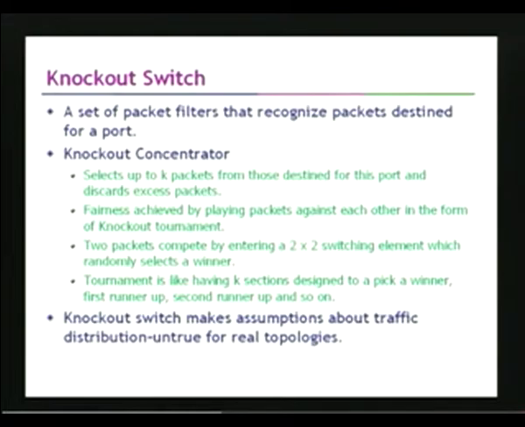So, there were 8 packets destined to this port, and you need to select only 4 packets and discard 4 packets. The fairness is achieved by playing the packets against each other in the form of a knockout tournament. 2 packets compete by entering a 2 by 2 switching element which randomly selects a winner, and the tournament is like having k sections designed to pick a winner, first runner up, second runner up, and so on.